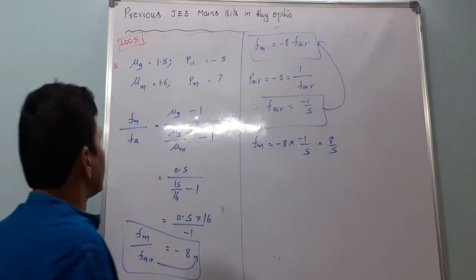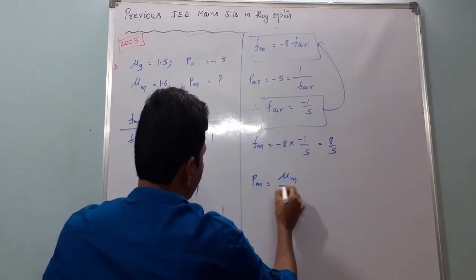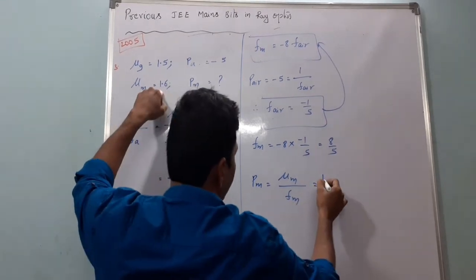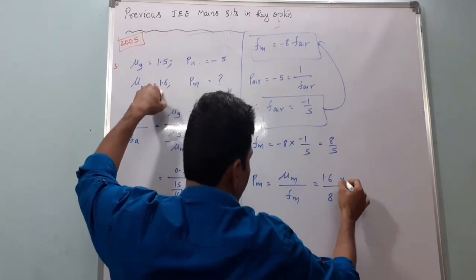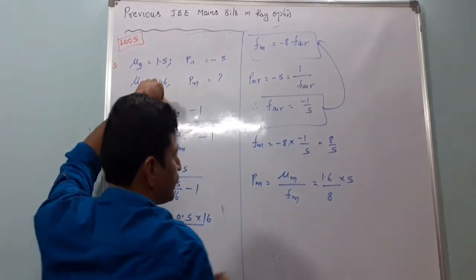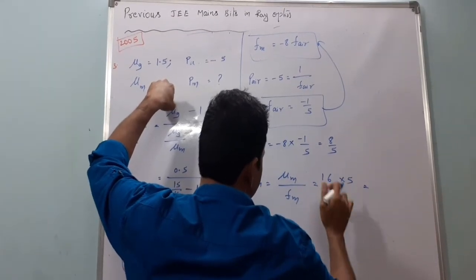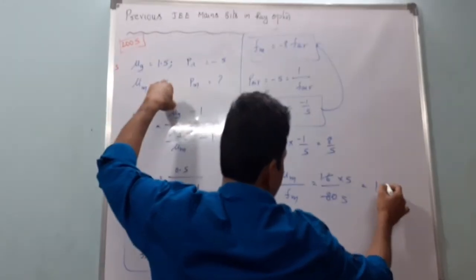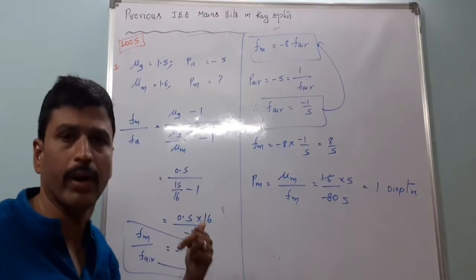So, the power of medium can be written as refractive index of medium by focal length of medium. Refractive index of medium means 1.6, focal length of medium means 8 by 5, which is equals to, it can be written as 1.6 by 1.6, answer is 1 diopter. Most important one, write down.